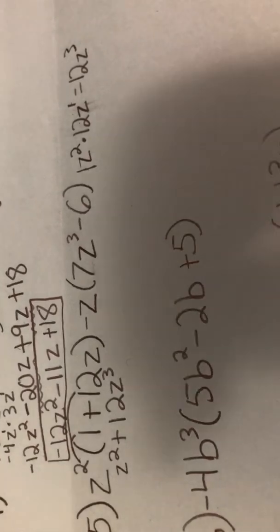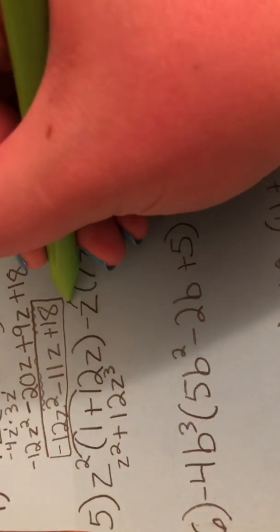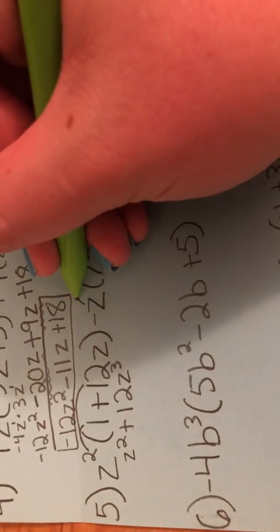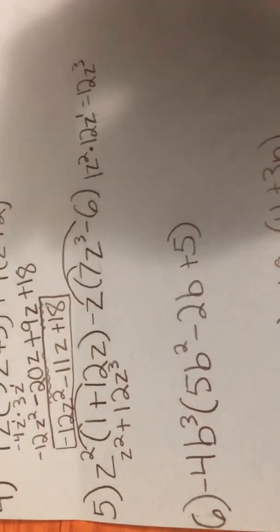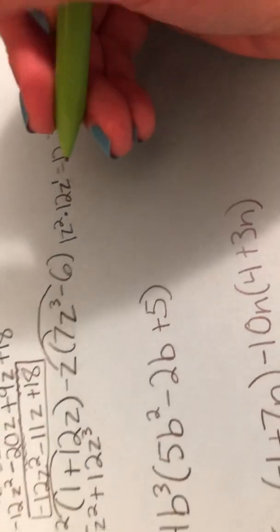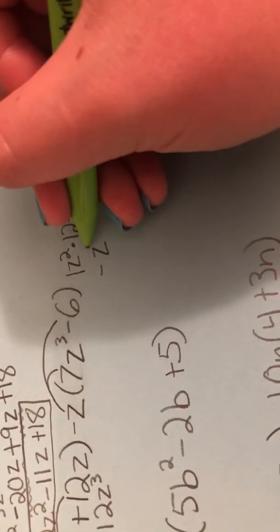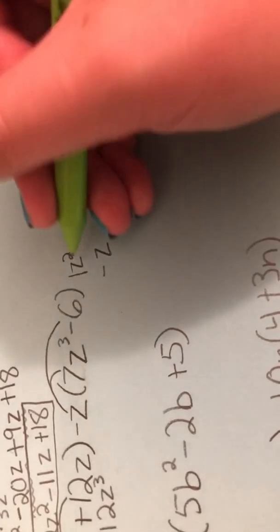Then we go on to our second part, which is negative z times 7z to the cube. Negative z times negative 6. So again, I'm going to write off to the side negative z. I'm already going to put my understood ones there as I'm writing it.